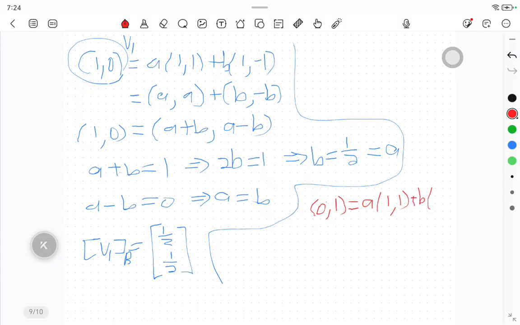Plus B times 1, minus 1. So this is going to be 0, 1.